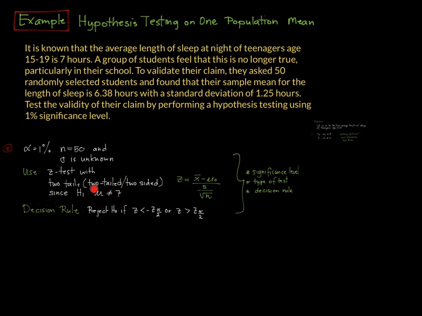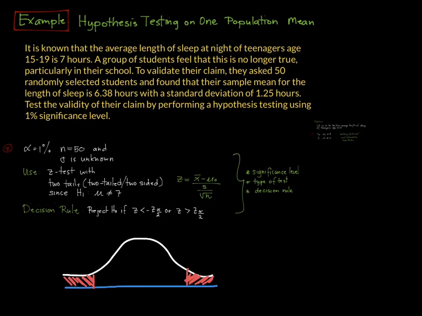By the way, in other textbooks, they name this a non-directional alternative hypothesis because it is not either left-tailed or right-tailed, so there is no direction. In a diagram, we could imagine that to be, if we have the normal curve, a diagram showing two tails for the critical region or the area of rejection.